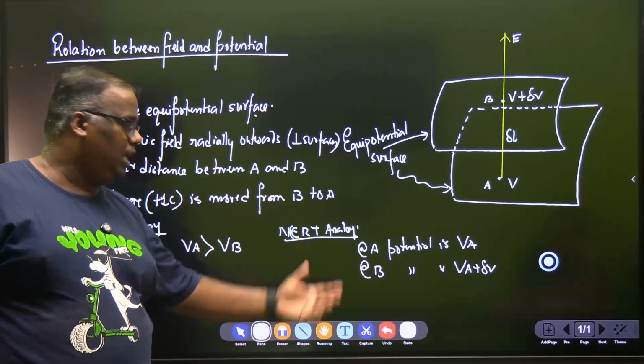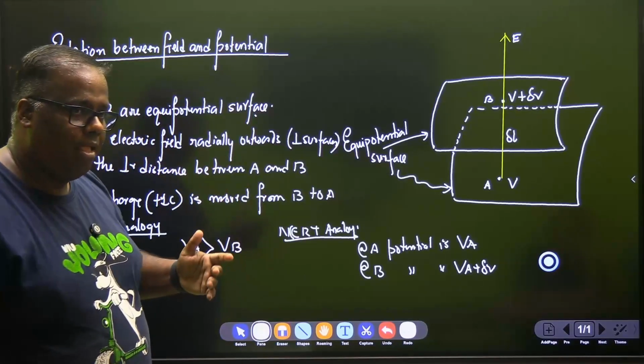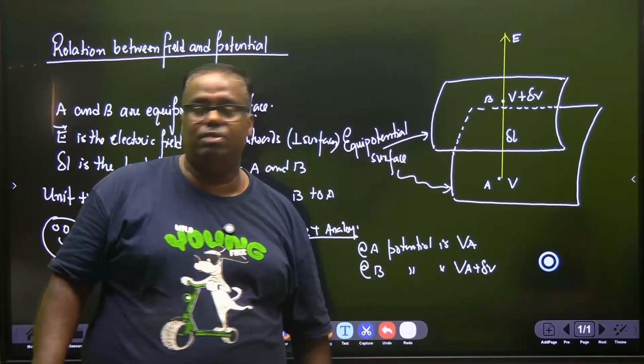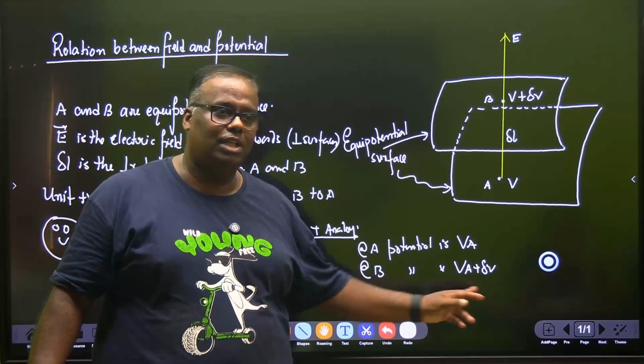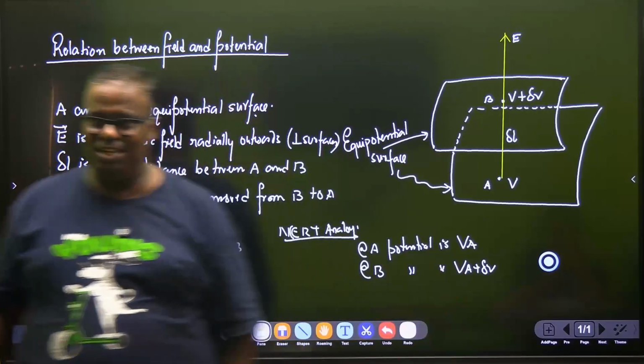Now, if you want the NCERT analogy to fit, then you will accept this only if mathematically you find that delta V is negative. Because if delta V becomes negative, then this statement holds true: VA minus something, so less than VA.